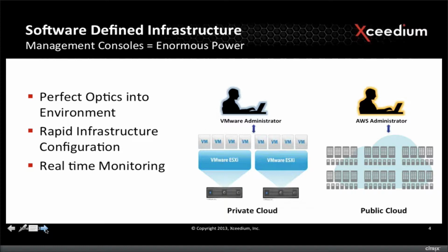And the last was the ability for real-time monitoring of these environments, not just from a security perspective, but from an operational perspective as well. So they have some huge benefits in operations as well as security, but again, they come with an attendant level of risk.